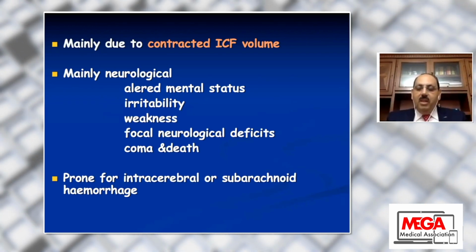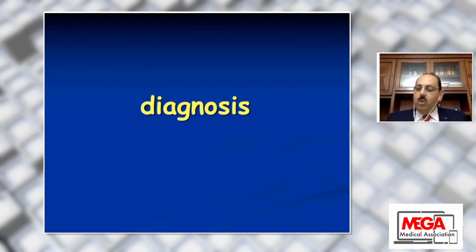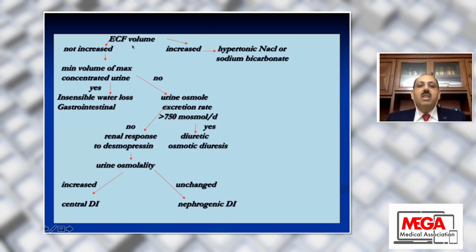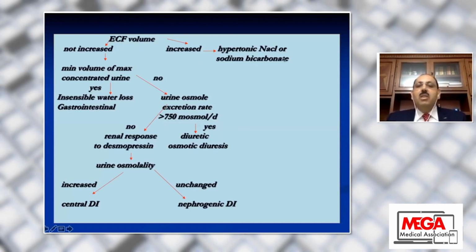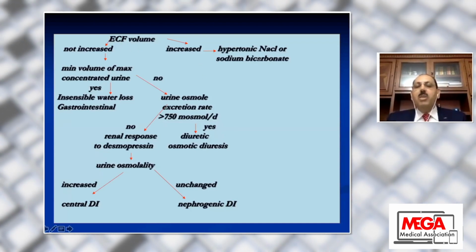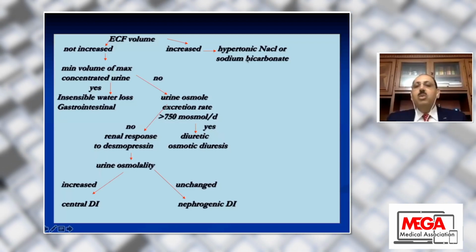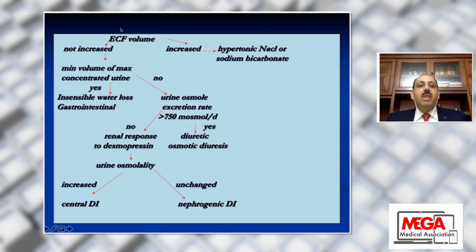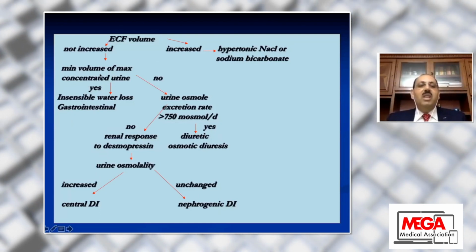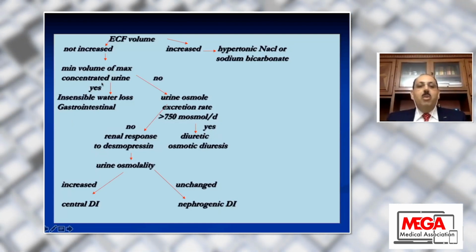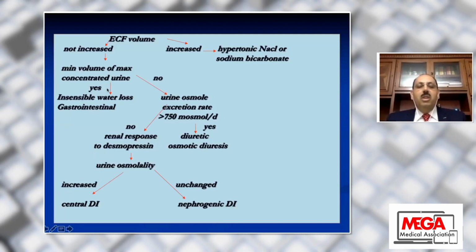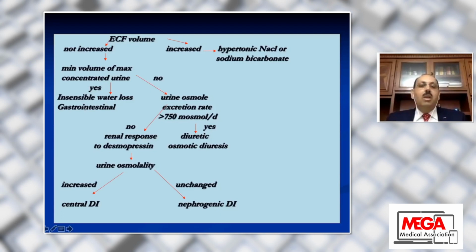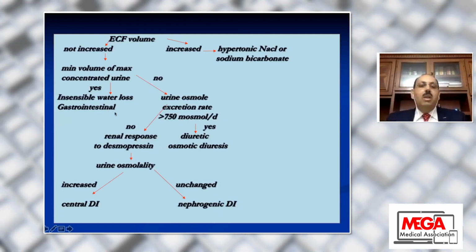The diagnosis is made by assessing the volume status of the patient. If the extracellular volume is increased, so hypervolemic, the hypernatremia is due to hypertonic saline or sodium bicarbonate. If the extracellular volume is not increased, we will assess the volume of maximally concentrated urine. If there is minimal volume and concentrated urine, the cause may be insensible water loss or gastrointestinal loss.